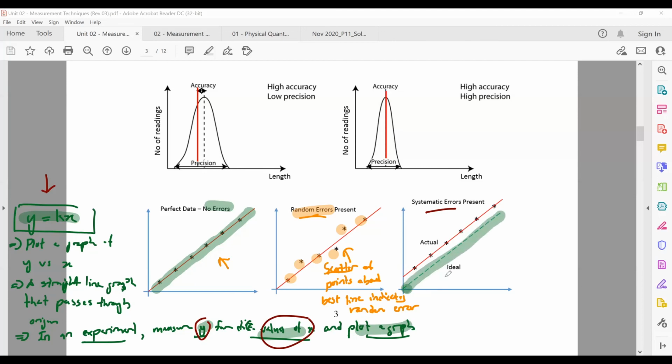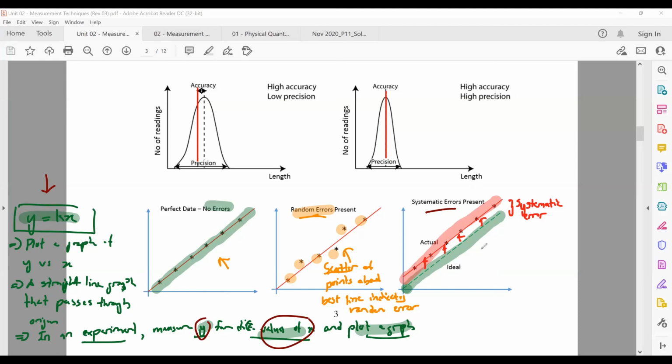But let's say when you do your measurements and you plot out your actual graph based on your actual values, you get this instead. It doesn't pass through the origin. This one you can see is clearly systematic error, because all your values are above your true value. So this is systematic error.